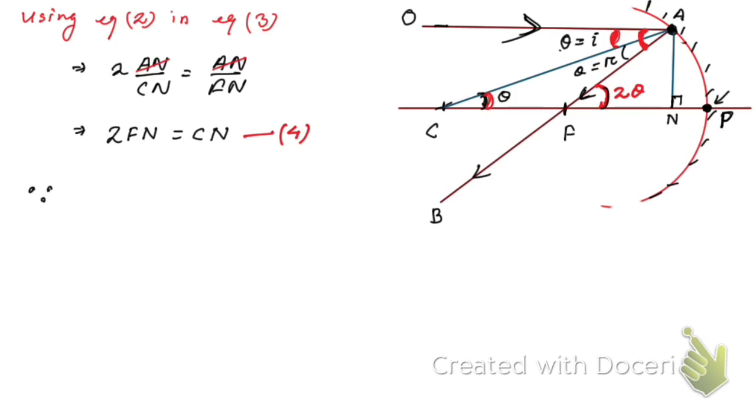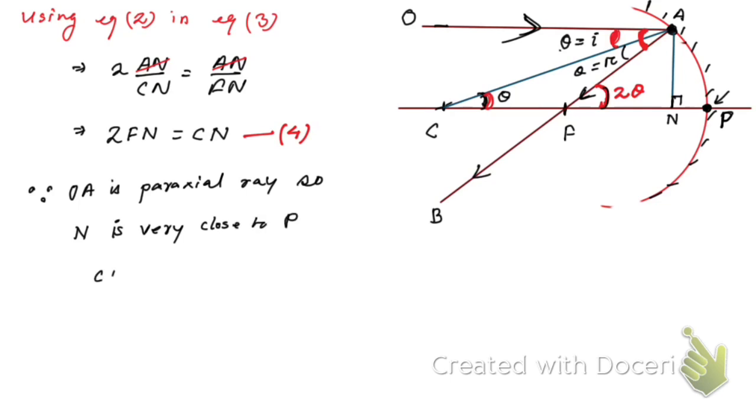Since OA is a paraxial ray, n is very close to P. That's why we can write that Cn is approximately equal to Cp, and also we can write that Fn is also approximately equal to Fp, right?